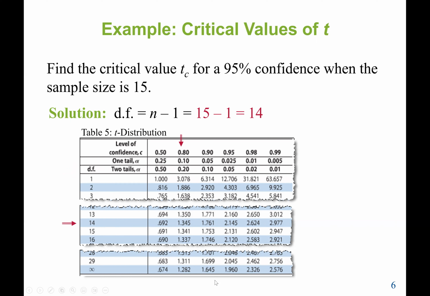Then next, we know the 95% confidence interval, so we go to the row of 95%. The intersection of degrees of freedom 14 and the level of confidence 0.95 gives us 2.145. So that will be our tC.